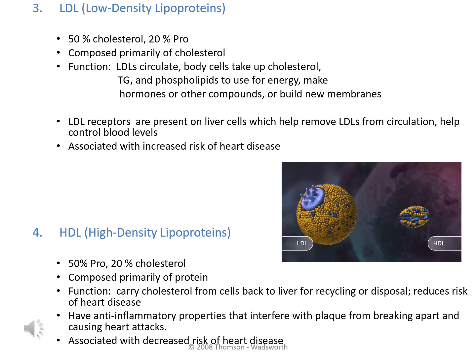Because it's taking away the fat from the cells, from the tissues, from the walls of the arteries, it is associated with a reduced risk of heart disease. Another property to note of the HDLs is that they have anti-inflammatory capabilities.